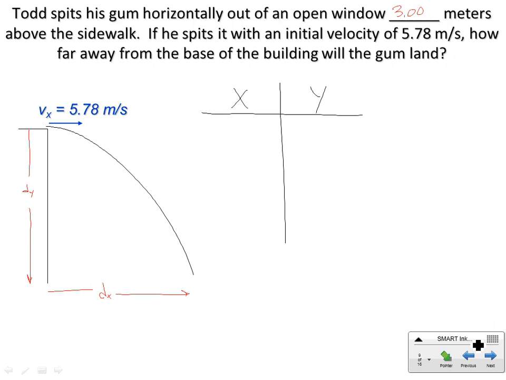Okay? Here's one thing I just completely recommend. Every projectile problem ought to start with one of those. A little chart, a little table, where you can completely separate horizontal stuff and vertical stuff. All right? Horizontal stuff we know. Well, notice, again, it's spit horizontally out of the window. So that means that this speed, like we said, is a Vx, 5.78 meters per second.